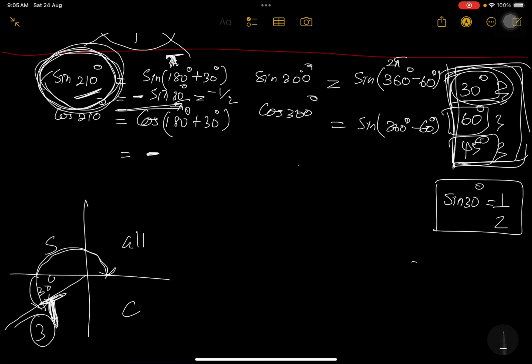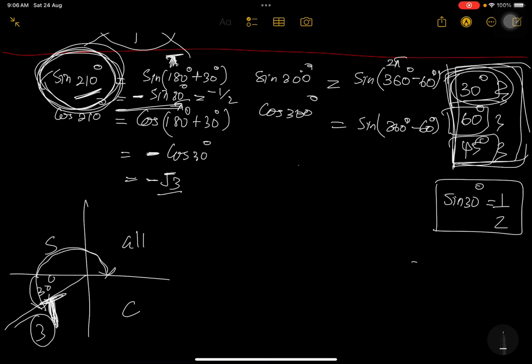So cos 180 plus 30. We already found out this is a minus value. So cos 180, so pi plus 30. Pi, 2 pi, 3 pi, the same trigonometrical ratio will come. So cos 30 degree. Cos 30 is root 3 by 2.